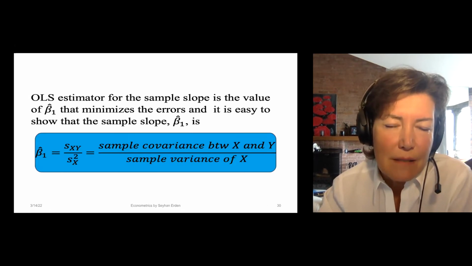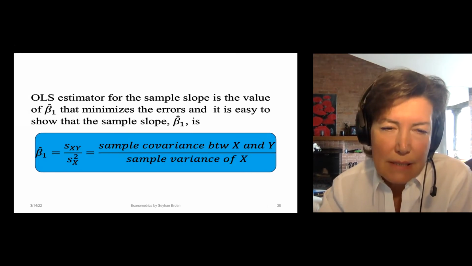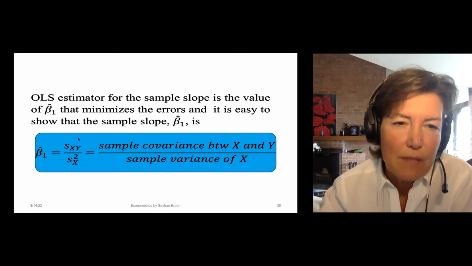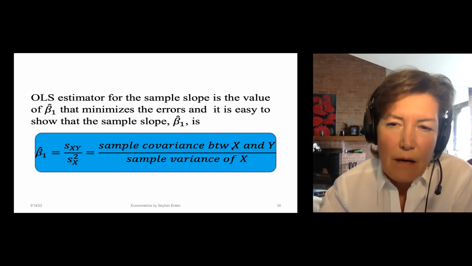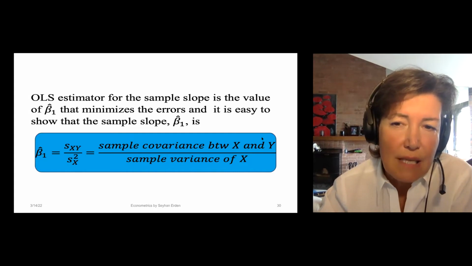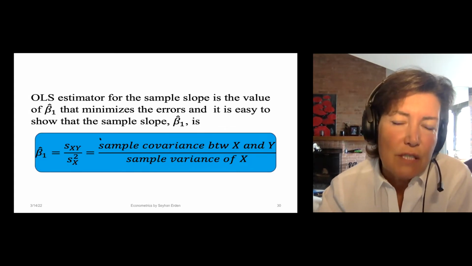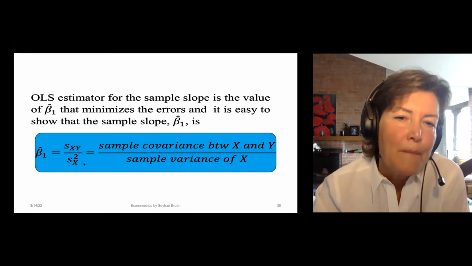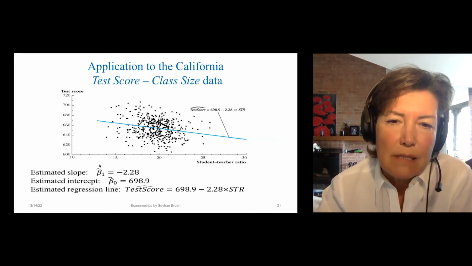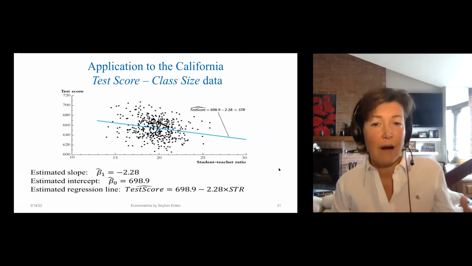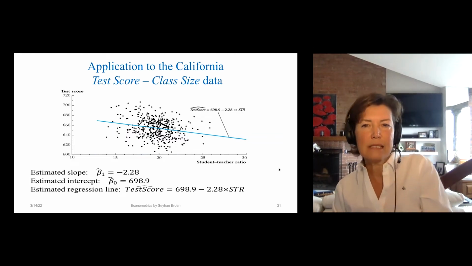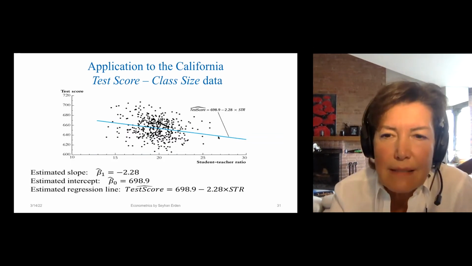And the estimator for the slope is this: the sample covariance between X and Y, where X was student-teacher ratio and Y was test score, divided by the sample variance of X. When we do that for our specific example, this is the result. We find a line that says this is the relationship.